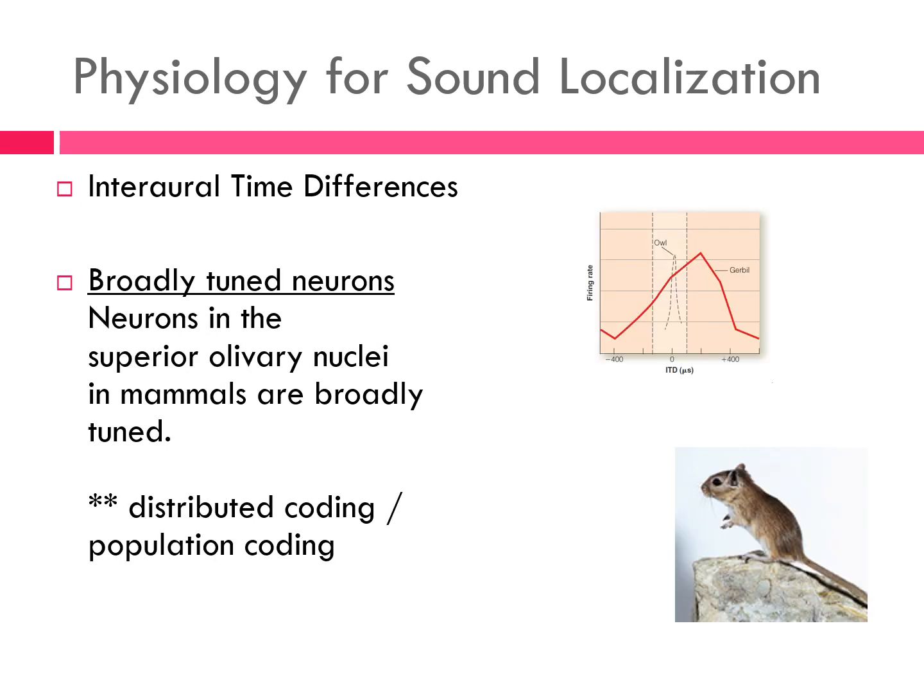Later, we discovered broadly tuned neurons in the superior olivary nuclei, so in the superior olive, in mammals. You can see with the picture at the top there, this is a gerbil, which I gave you a little picture of there because they're cute. This is research done on a gerbil, and the neuron is responding to a pretty wide range of interaural time differences.